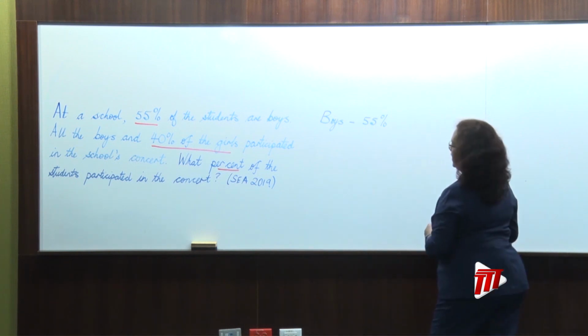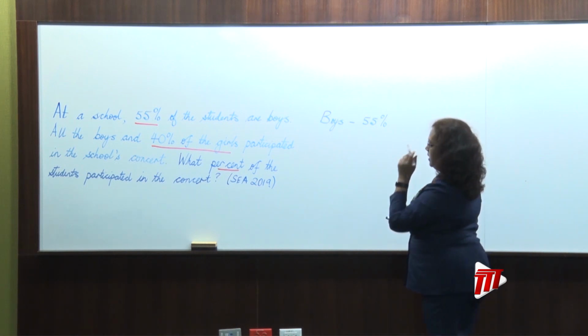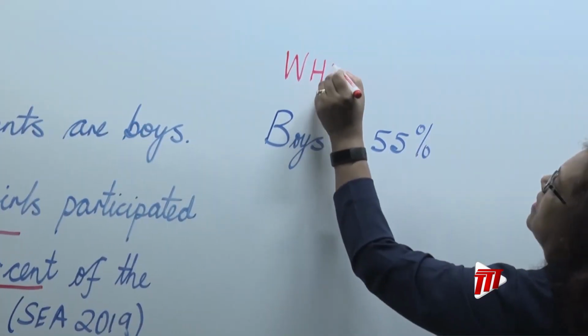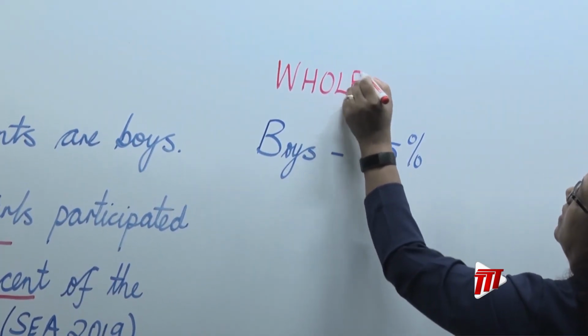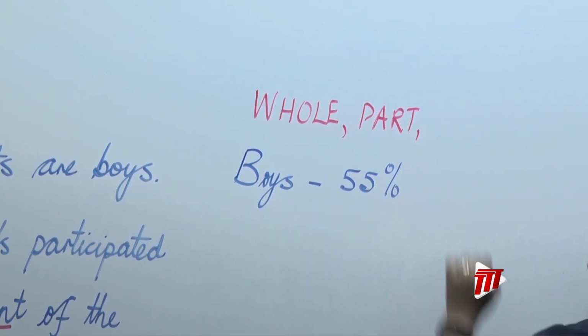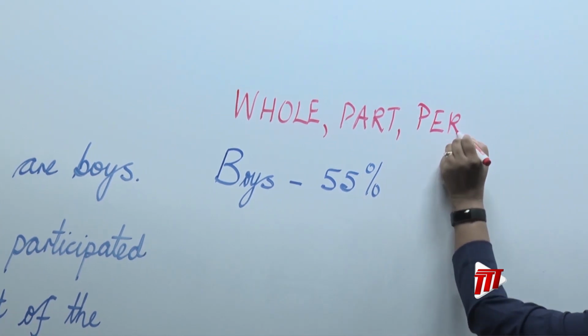So we are required to find a percent. So again, boys and girls, we need to recognize what is the whole and what is part, and then we may find the percent.